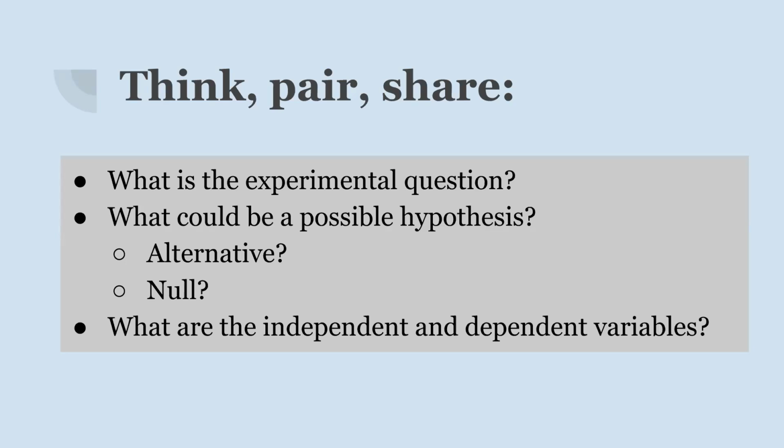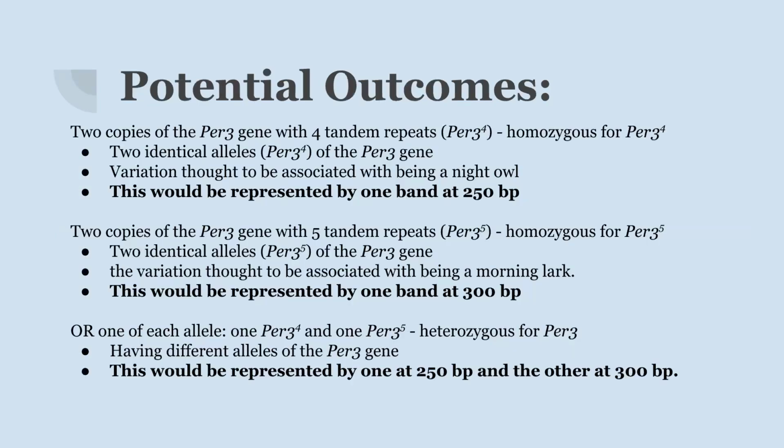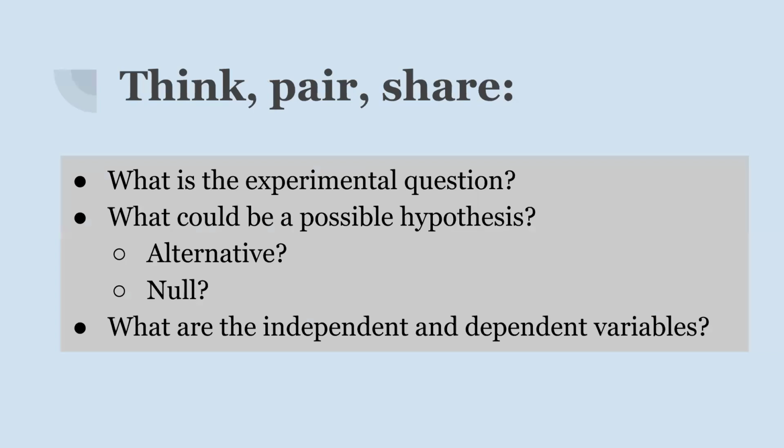So if we are looking at the base pairs, and we would think homozygous nighttime, or homozygous evening time, you could say that your hypothesis for the experiment, and you would really want to clean this up, is that your instructor would be homozygous for the PER3-4 gene at 250 base pairs, okay?